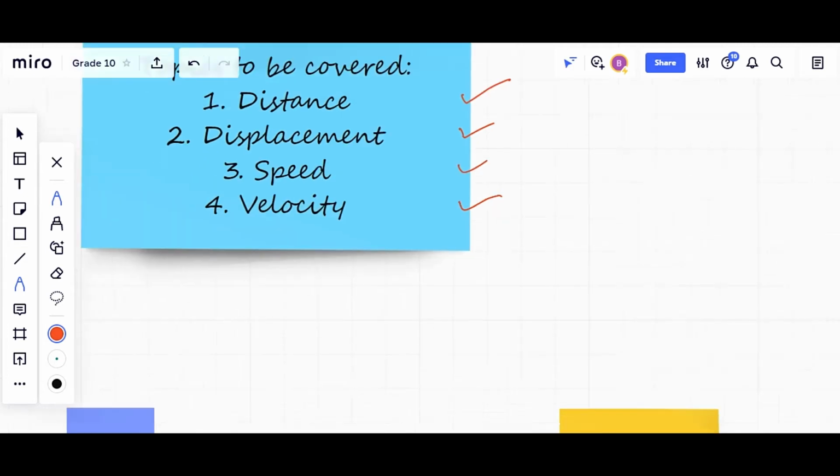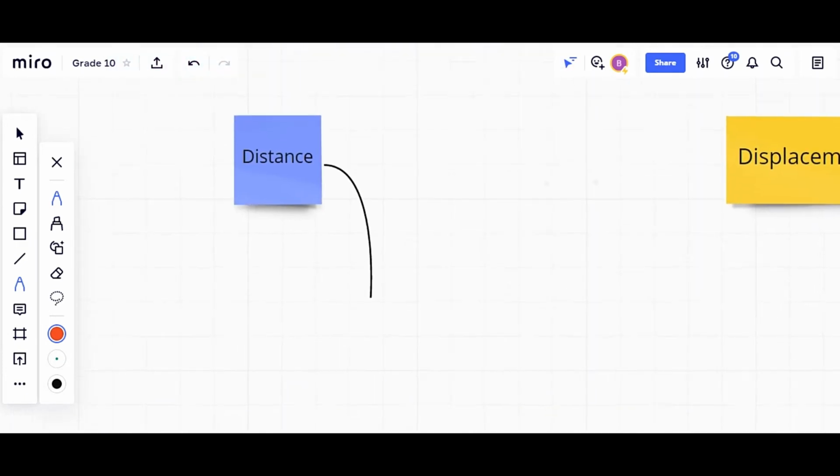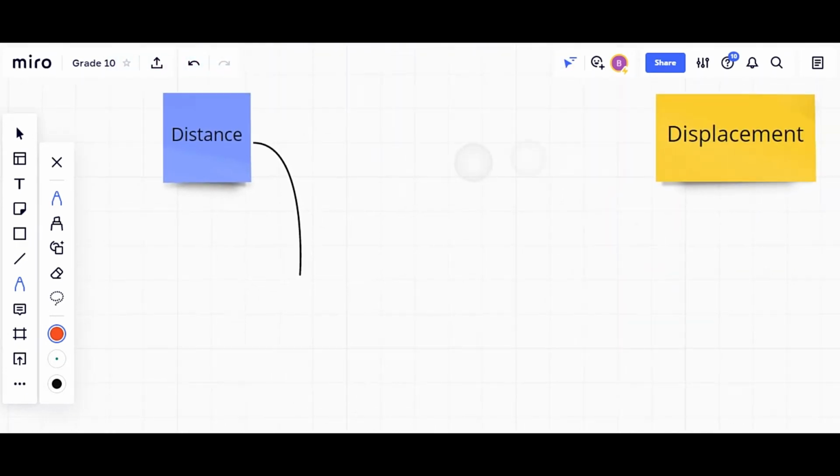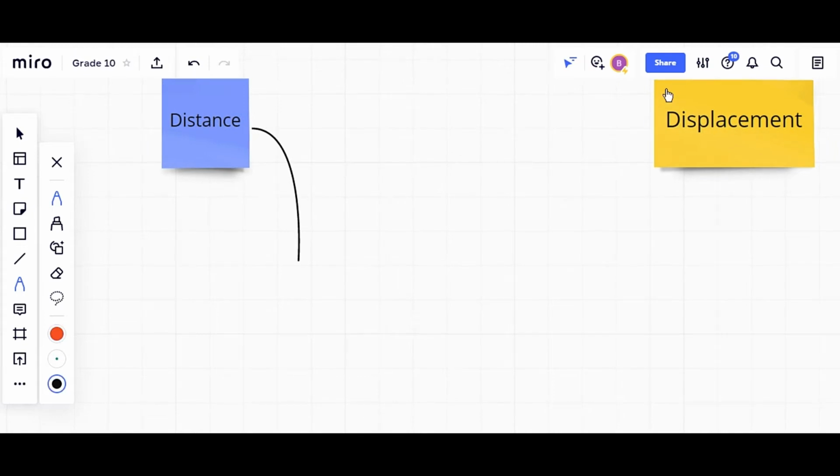Okay, now let's get started with our first topic of the day, which is distance. What is distance, and how can we define it? In daily life, we are covering distance all day. Even if you're not going outside your room or house, you're still covering distance inside your house as well.